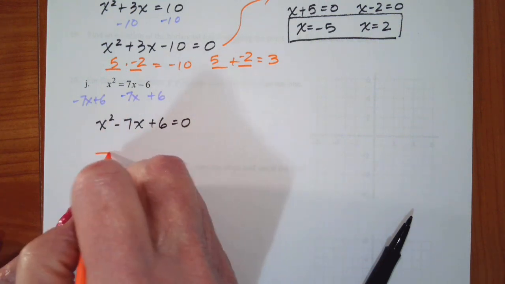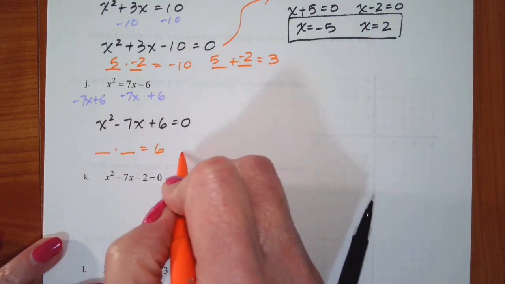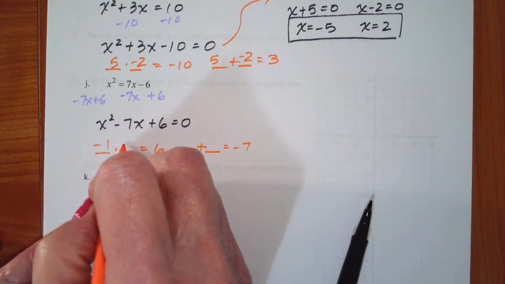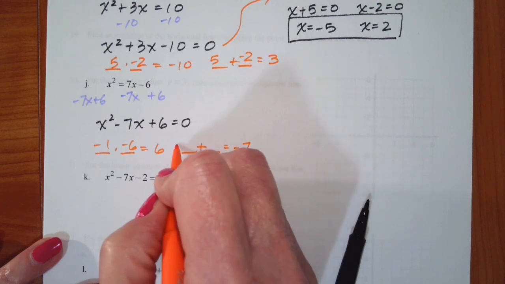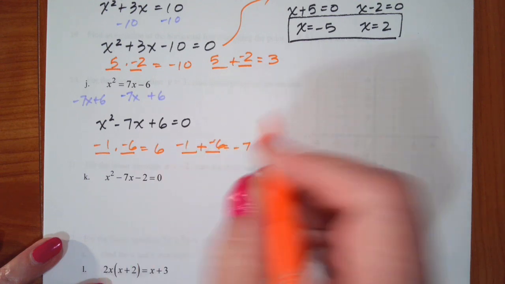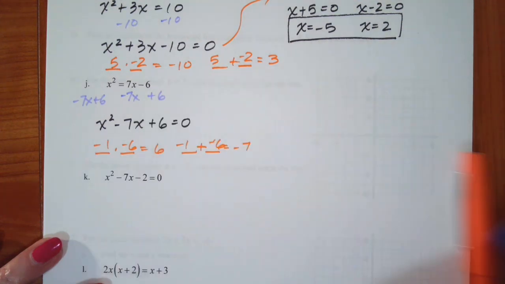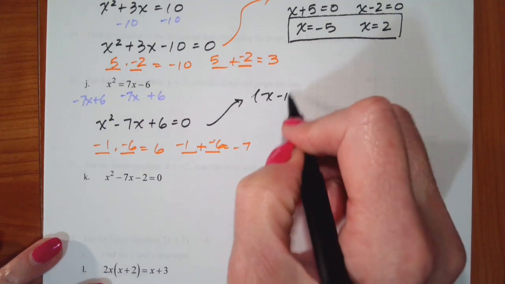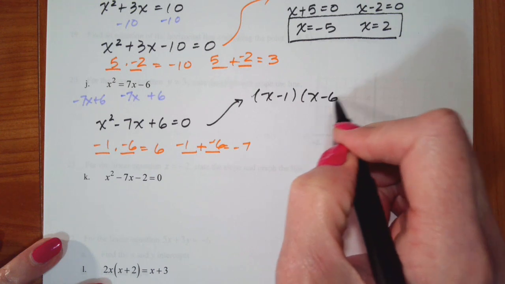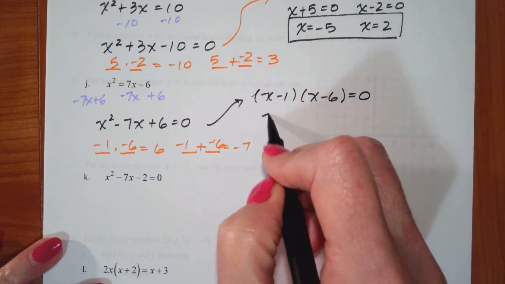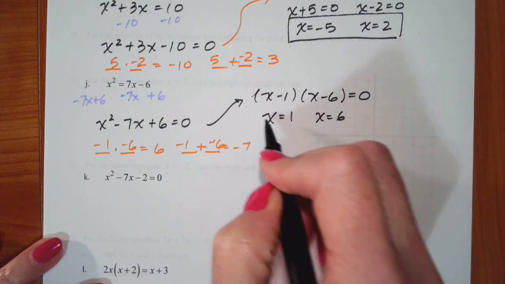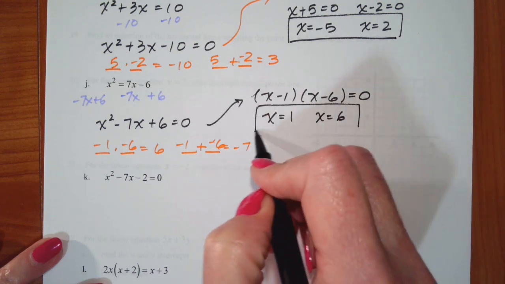I'm looking for two numbers whose product is 6 and whose sum is -7: -1 and -6. So this factors into x minus 1 times x minus 6 equals 0. So x equals 1 or x equals 6 when you set each factor equal to 0.